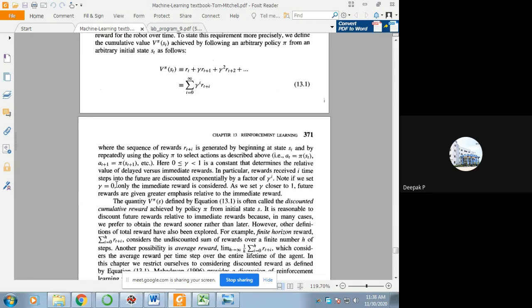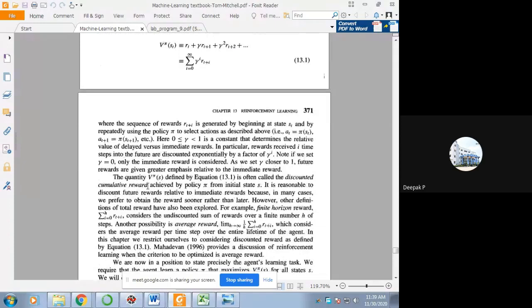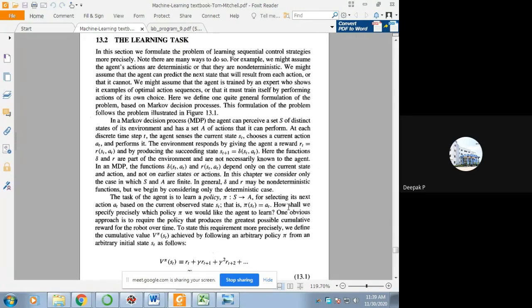If it is not 0, or if it is closer to 1, the rewards will be applied at a future time. This cumulative value defined by the equation is often called the discounted cumulative reward. This is one of the possibilities, called the deterministic case.